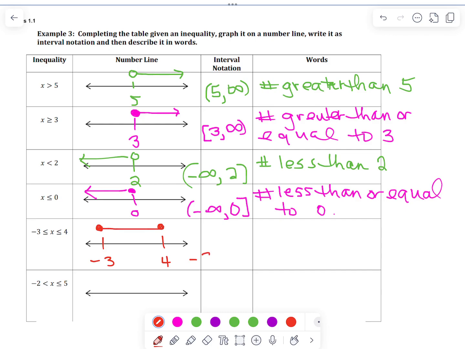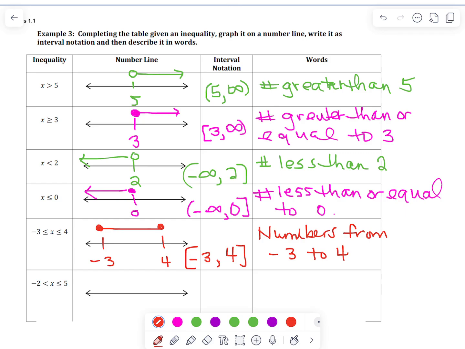So we have a bracket and a bracket. So it's numbers from -3 to 4.